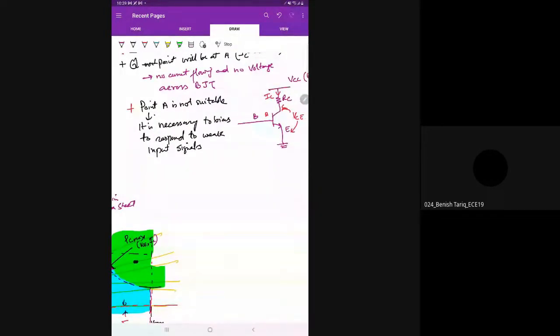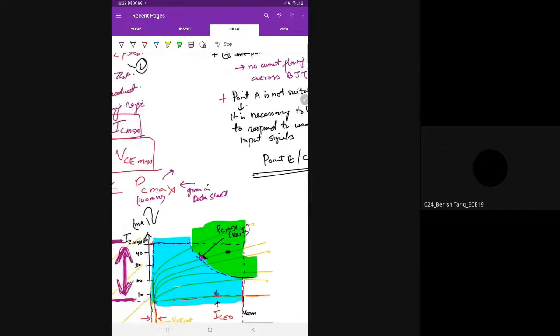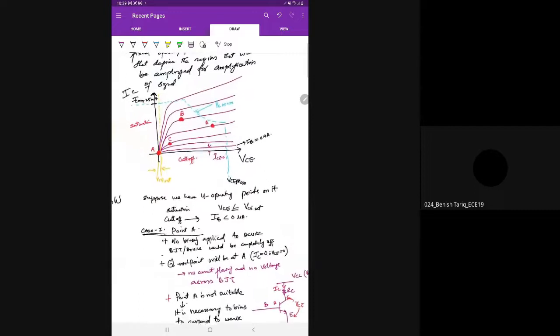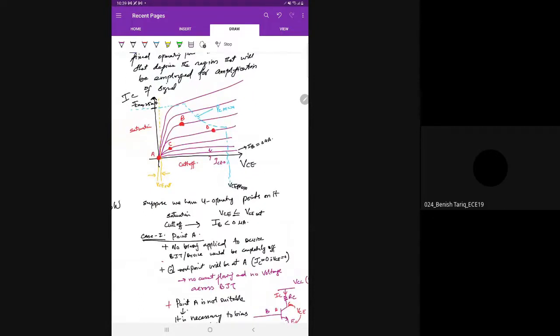Point B. So we have now point B, and it is case second. In point B, if signal is applied to circuit, the device will vary the current and voltage from this operating point. ठीक है, इसमें थोड़ी सी अब हमें वेरिएशन हो जाएगी. कैसे होगी वेरिएशन?